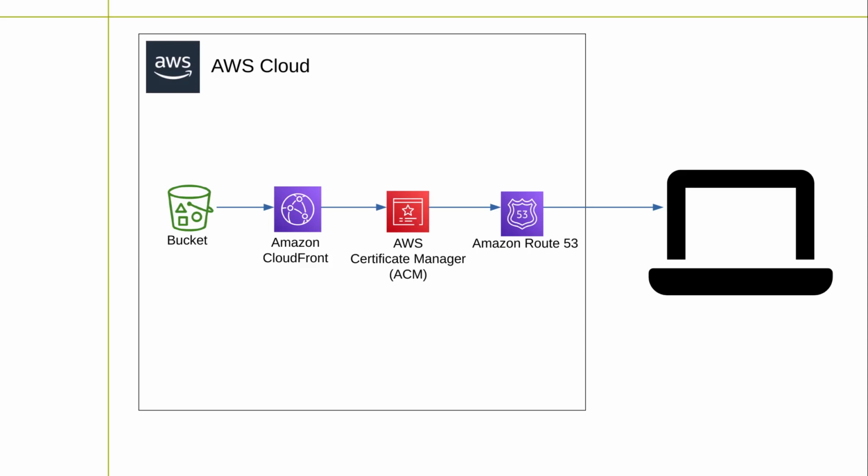To give our users fast, low-latency access to the site, we'll put it behind a CloudFront distribution. And to force all connections to use SSL/TLS encryption, we'll use a certificate from AWS Certificate Manager. Finally, we'll need a DNS domain our users can use to access the site. That we'll set up in AWS's Route 53. Let's make all that happen.